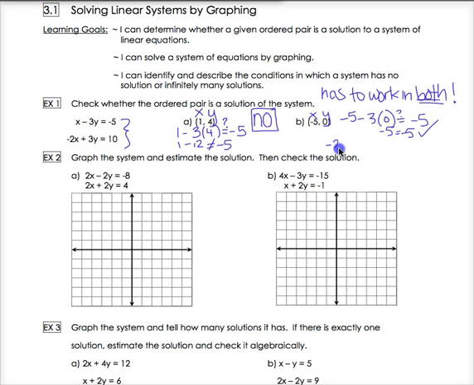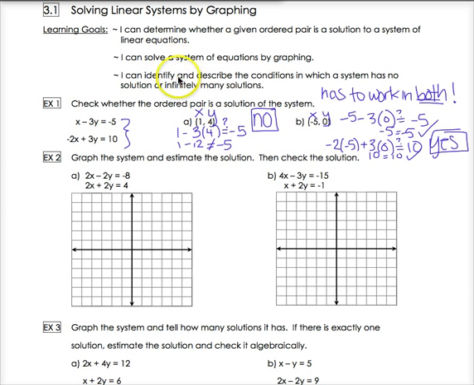So -2 times -5 plus 3 times 0, and I'm asking, does that equal 10? So -2 times -5 is 10, 3 times 0 is 0, 10 does equal 10, so I got something that works in both, so this one is a yes.